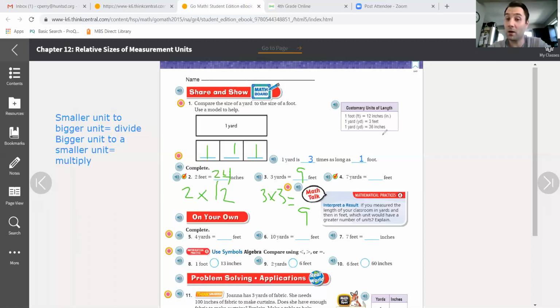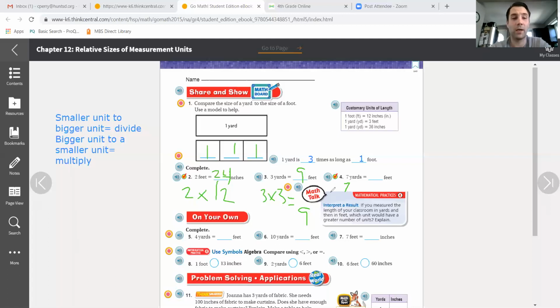Okay, last question of the lesson. First thing I'm going to do is write that number 7. So we're going from 7 yards to feet. Ooh, this problem looks kind of familiar because it's set up very similar to number 3, only with different numbers. I wonder if the process stays the same. Okay, so we have yards to feet. Is a yard bigger than a foot?